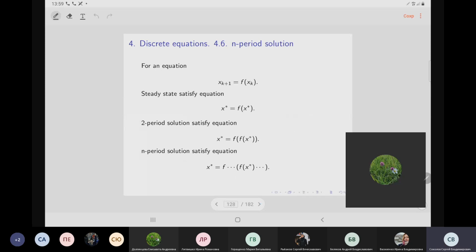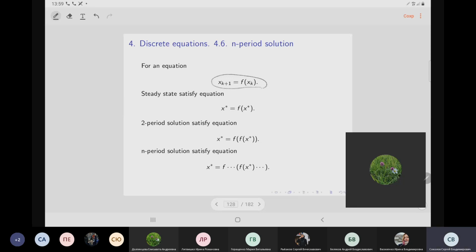Next one. The discrete equations have a very interesting thing that is called n-period solution. What does it mean? Let us suppose that we have a discrete equation with some function f of xk.